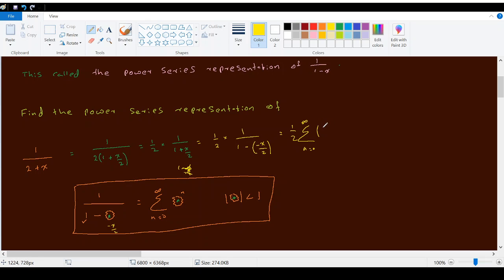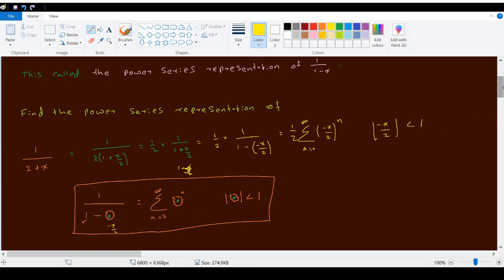So there you will have negative x over 2 to the power n, and for this region also you must write whatever the term you have here. So in this case what you have is x divided by 2, okay? Now this is important, right?